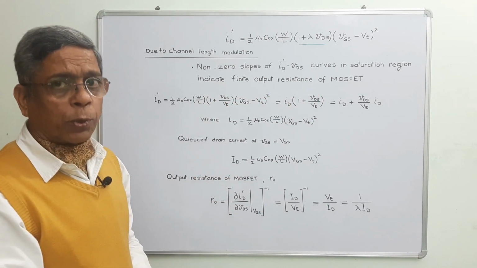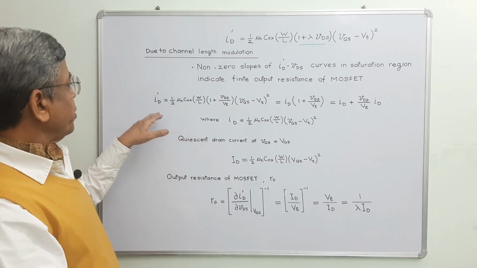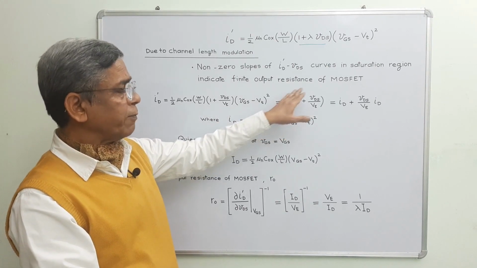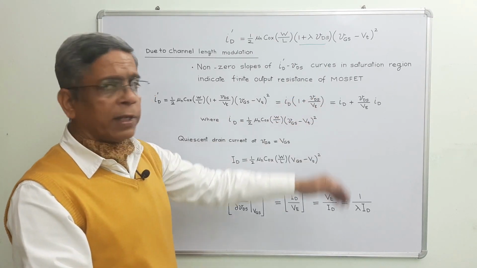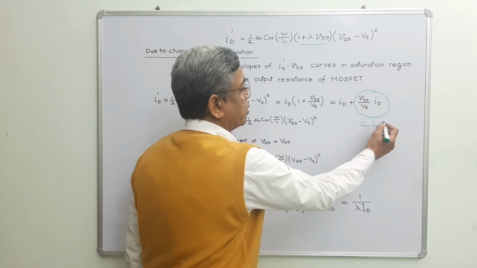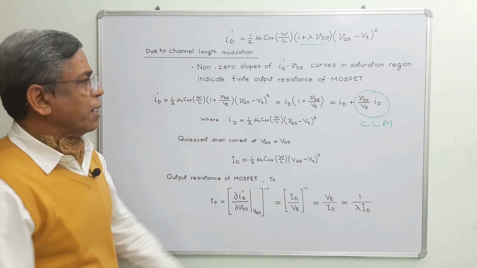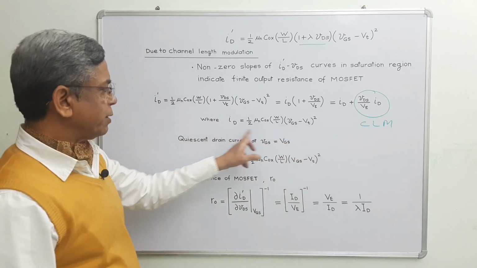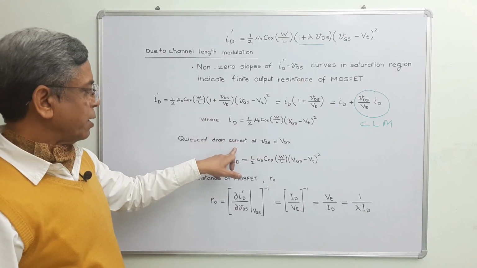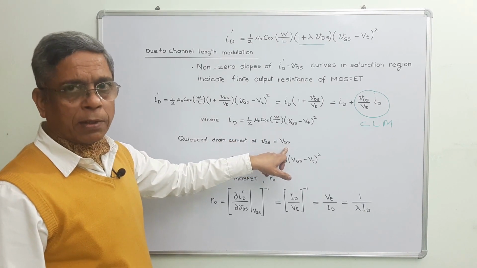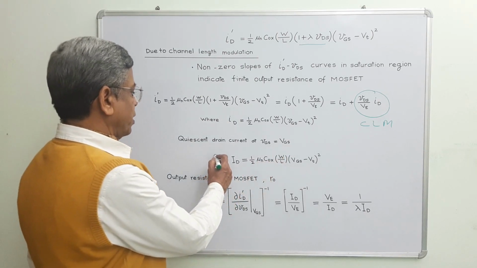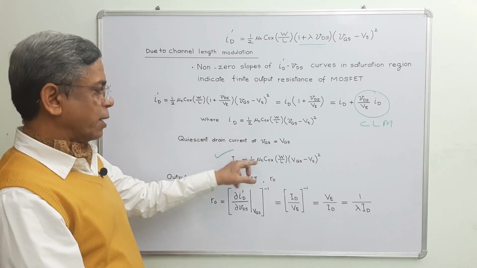We will calculate the output resistance of the device. For the time being, this is the expression after modification, split in two parts. This part is because of channel length modulation. This is the expression for ID, and we can find the quiescent drain current at a constant DC potential difference between gate and source.